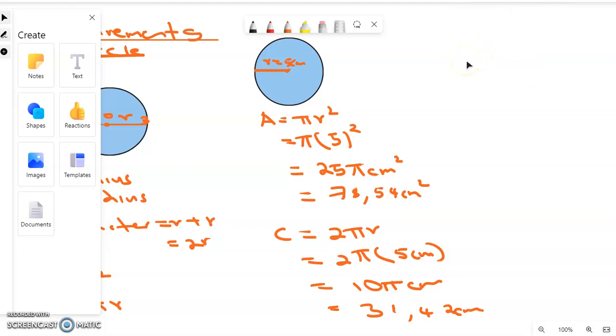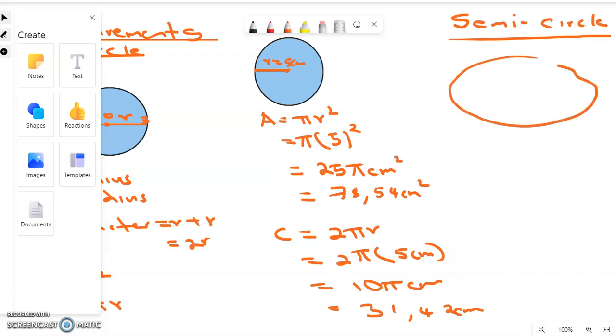Alright, so let's check if we are given a semicircle. Semi means half. So I will try and draw.